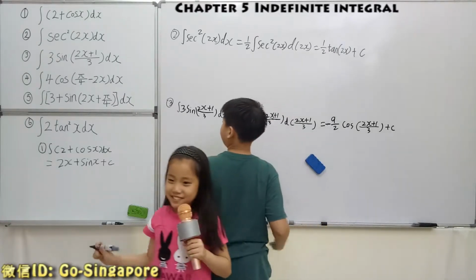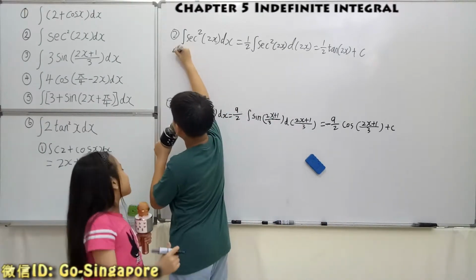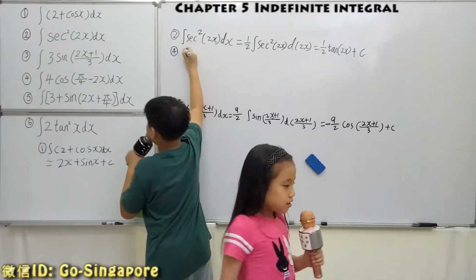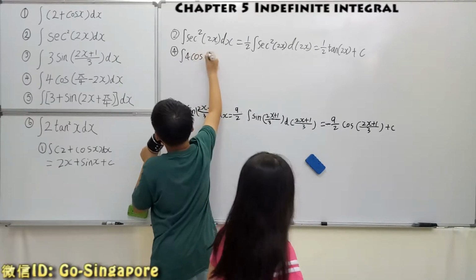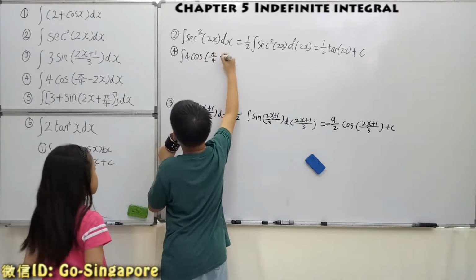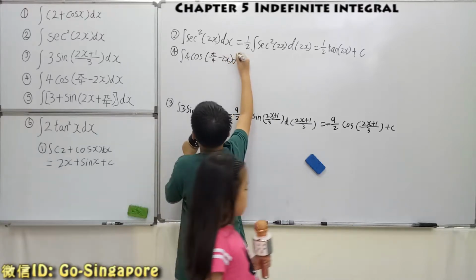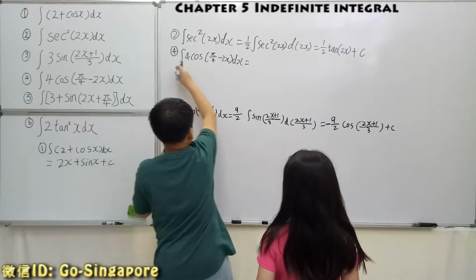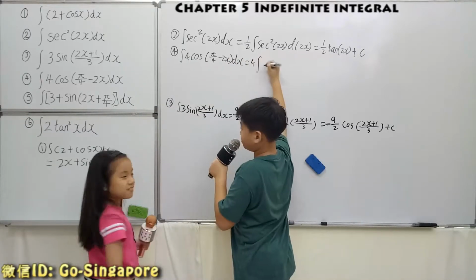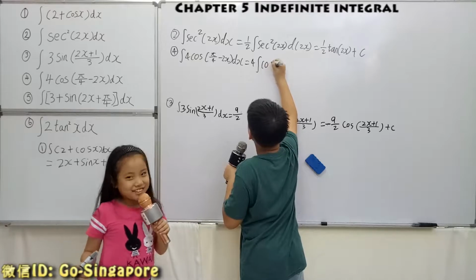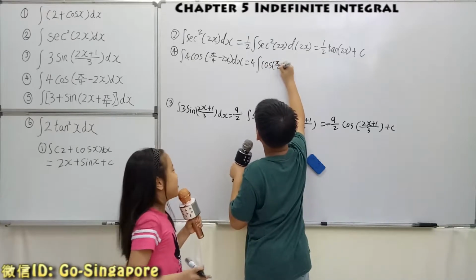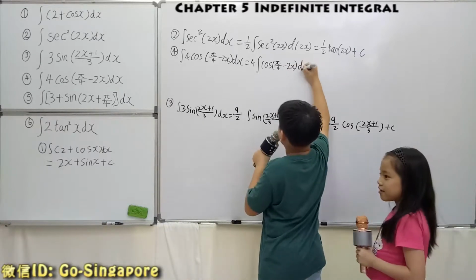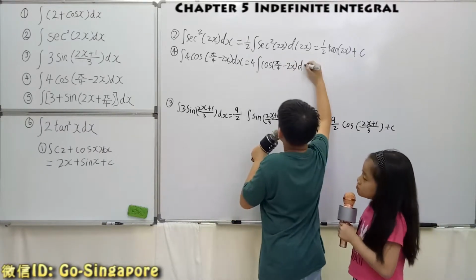Okay, next, move on to question number 4, which is the integral of 4 cosine (pi over 4 minus 2x) dx. So first for this, the 4 you can put on the outside. Then, for inside the bracket you need the pi over 4 minus 2x.